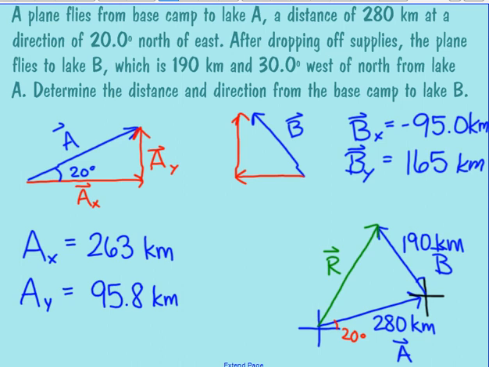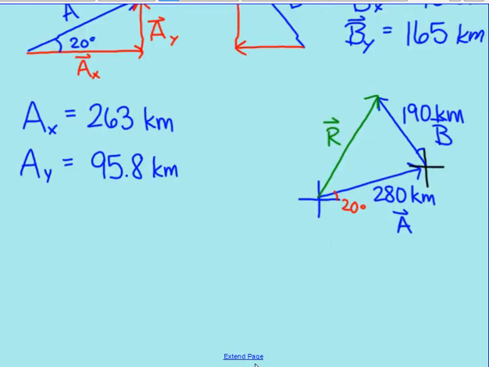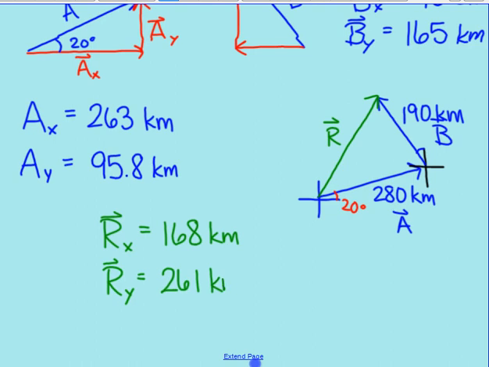So our next step in our process is to add the x components together to find the resultant x component, and then add the y components together to find the resultant y component. When you do that, you find that the resultant x component is equal to 168 kilometers, and the resultant y component is equal to 261 kilometers.